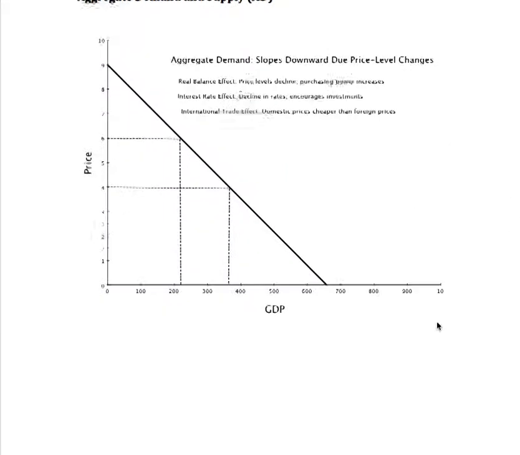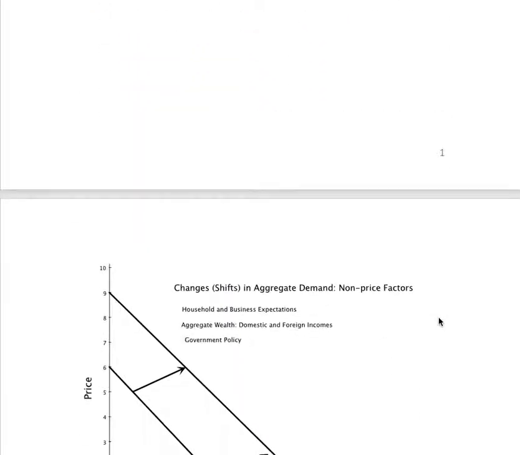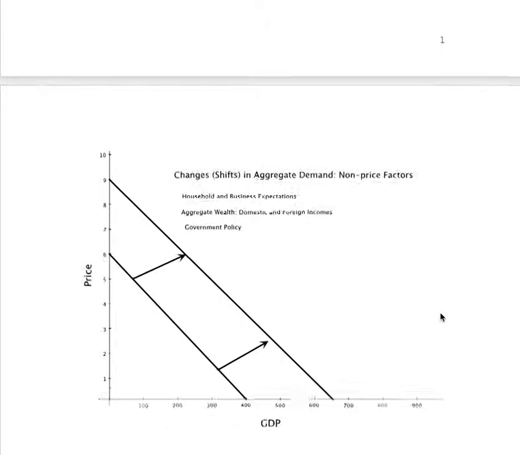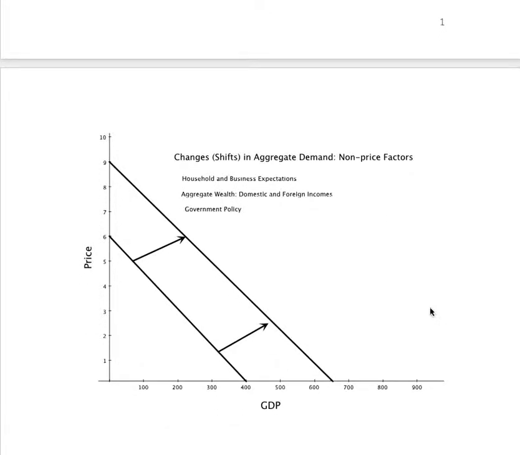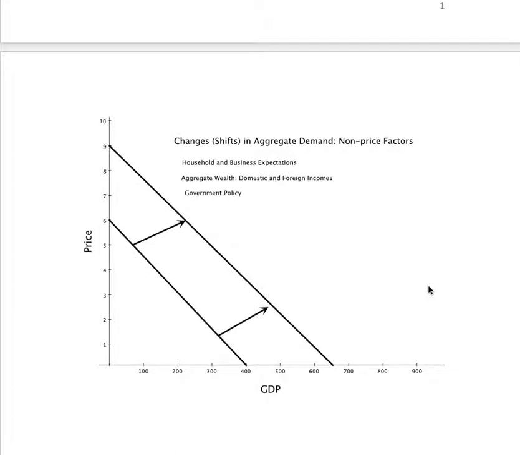As we pointed out when we looked at our law of demand, there are certain non-price factors that will cause a shift in our demand curve, either to the right or to the left.